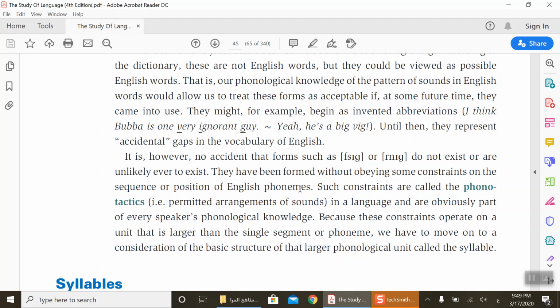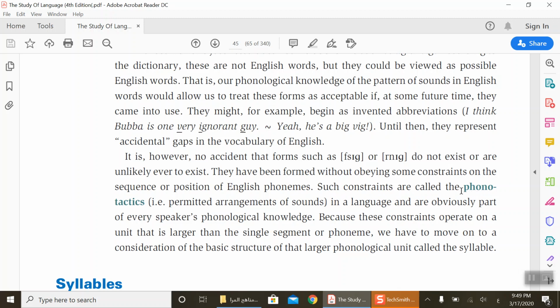So these words are formed without paying any attention to the rules or constraints of the language. In the language, we have some rules and constraints, or restraints. Such restraints are called phonotactics.